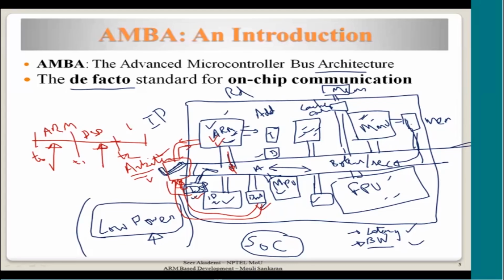So that facility should be there. And if you recall the non-sequential access and sequential access that we saw while talking about memory interfaces and how much time different instructions take, we said one non-sequential cycle and a few sequential cycles. That means burst transfer should be supported.